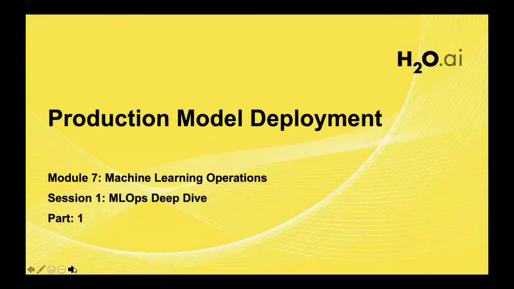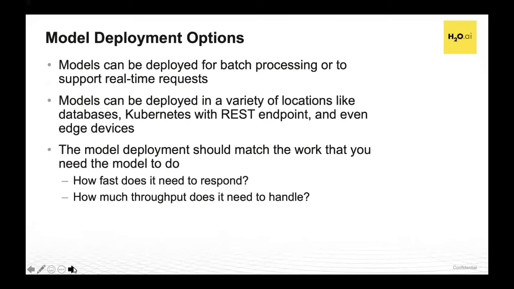So this is machine learning operations, the deep dive, session 2, part 1 on production model deployment. In the last session, we talked a little bit about how MLOps can help you deploy models to containers in Kubernetes, but I think it's important at this level to understand that models can be deployed in a variety of situations. How you deploy the model and where you deploy the model is going to be very dependent on the use case under which you plan to use it.